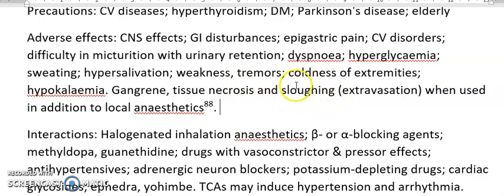So these are things that might happen, even though it's usually not highly anticipated, but this is something that potentially can happen when we give adrenaline.